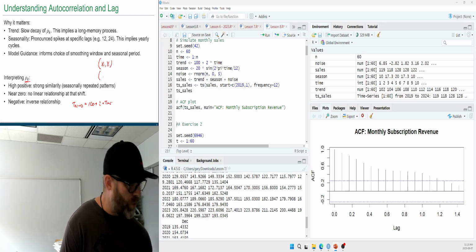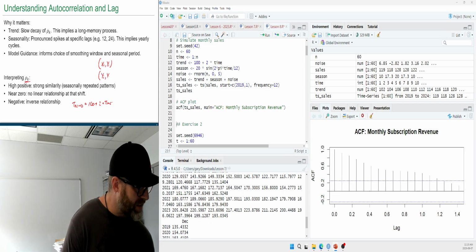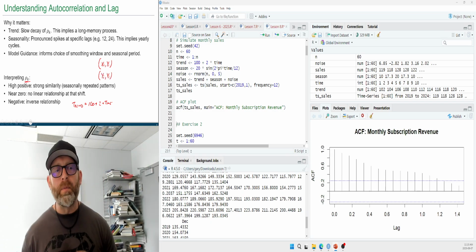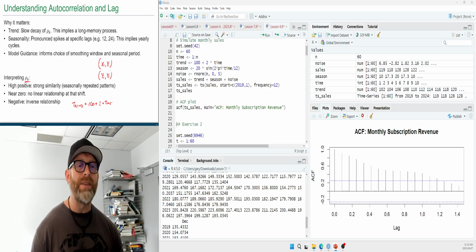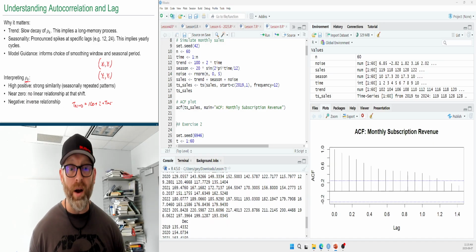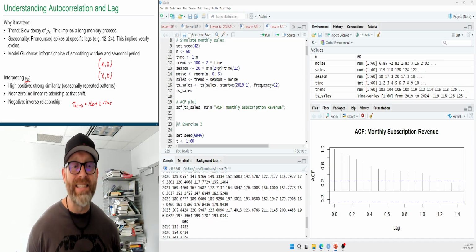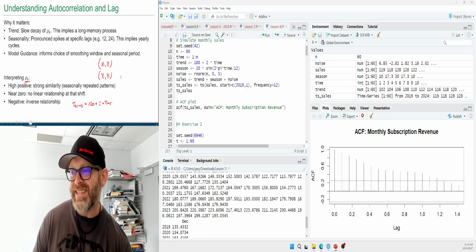Suppose these are both Y sub i, so this is Y sub i, Y sub i. I'm asking what is the relationship between something and itself. It's always going to be 1. So the ACF at 0 lag is always going to be 1, and that's exactly what we see here in our graph. At lag 0, that correlation, that rho, is in fact 1.